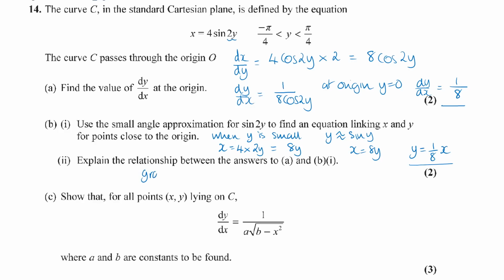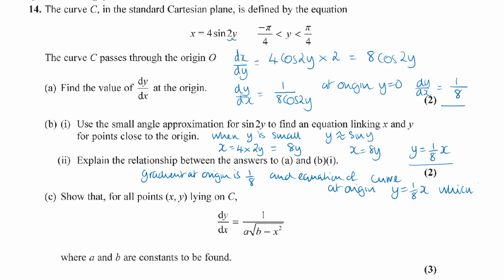So the gradient at the origin is 1/8, and the equation of the curve at the origin, because when y is small, is y equals 1/8 x, which also has the same gradient, which has gradient 1/8. So they both have the same results at the origin.